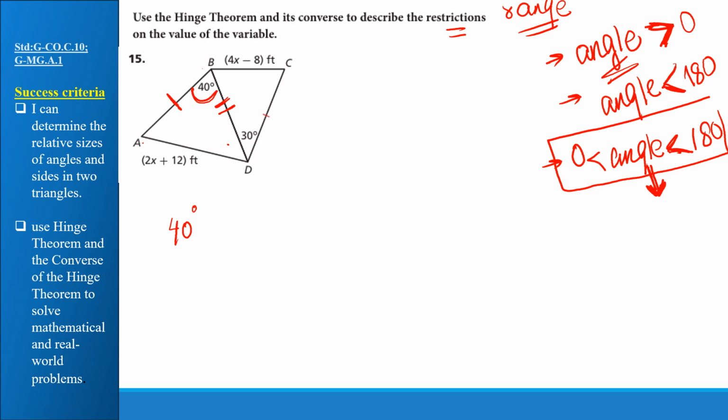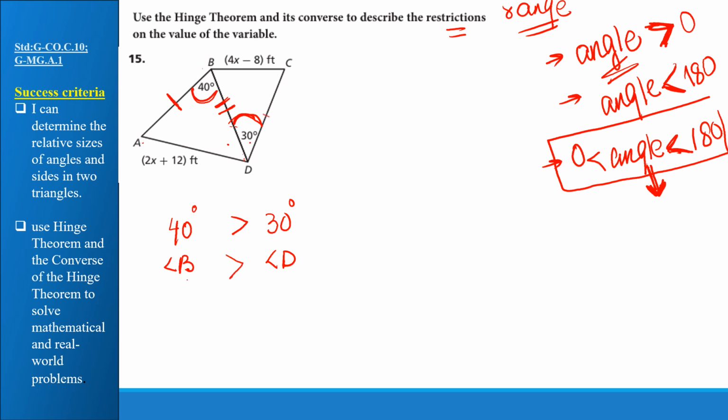Let's suppose angle B. Now, what is the other angle? The other angle is 30 degrees for the second one, and the name of the angle is angle D. Since 30 is smaller than 40, angle B is bigger than angle D.